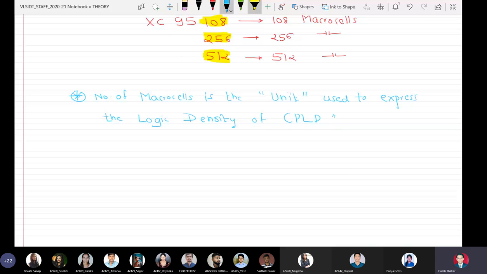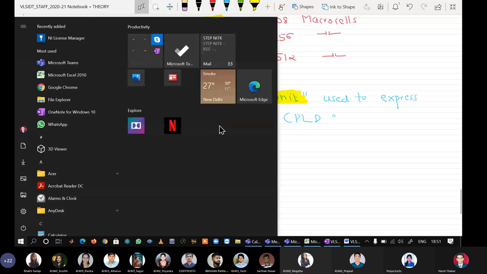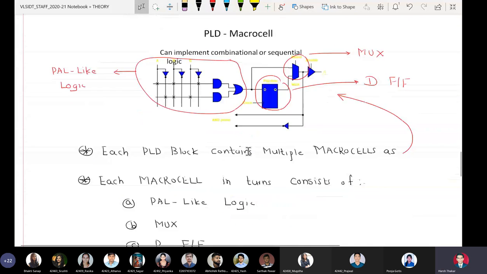So this is very important. The number of macro cells is the unit used to express logic density of CPLD. Very, very important.